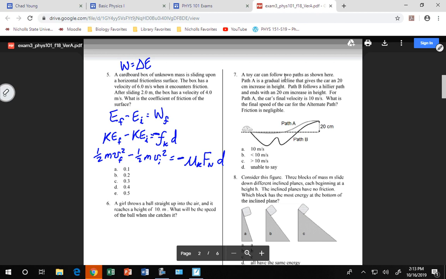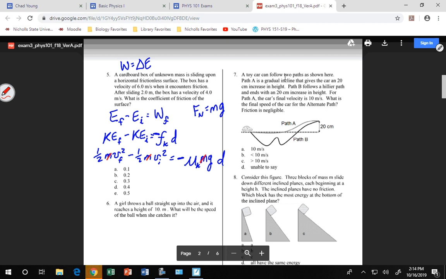But further, I know that the normal force is actually equal to the weight, or m times g. I just substituted there, said that the normal force is equal to the weight. And then my masses all cancel out because I have a mass in every term. Remember, I have to have a mass in every term. I divide through every term to get rid of the mass. And then I solve that for mu k. I know everything else. I know all these values.